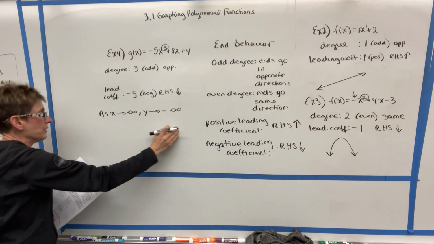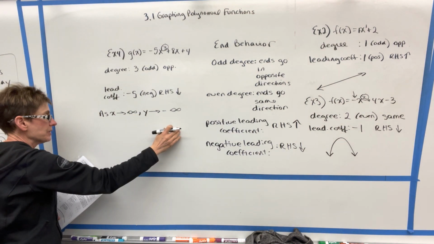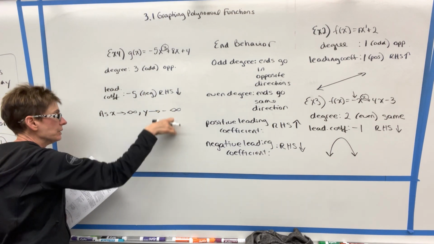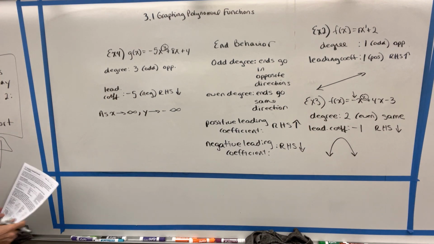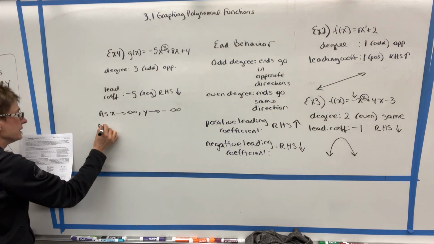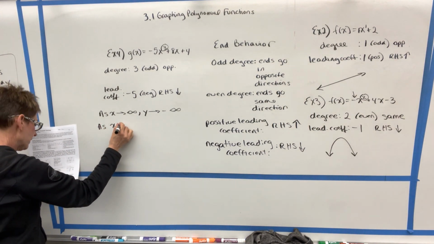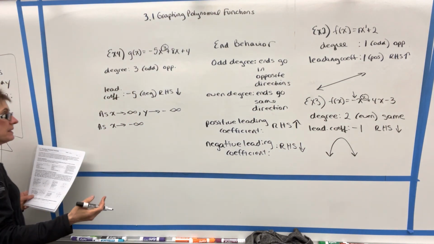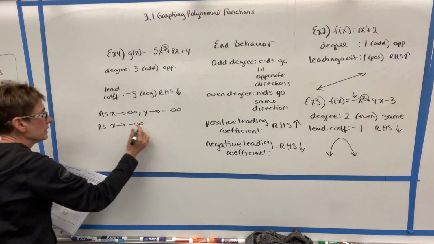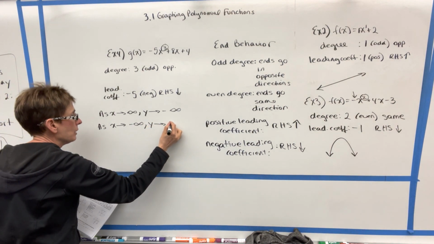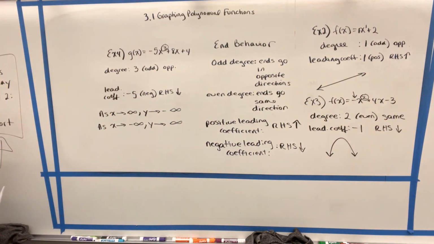So as we move to the right, as x approaches positive infinity, y goes down or approaches negative infinity. Now, let's talk about what happens as x approaches negative infinity. That means as we go to the left. Because the ends are going in opposite directions, as we go to the left, y is going to approach positive infinity.